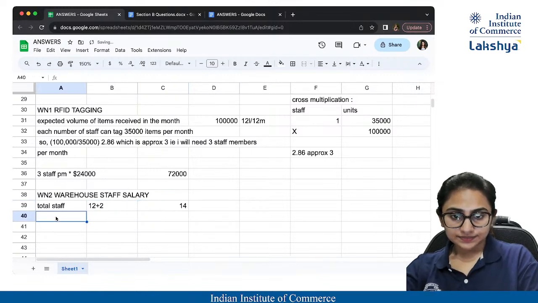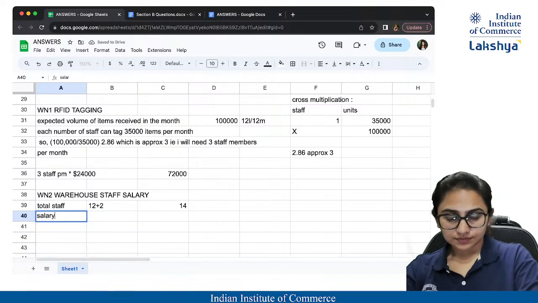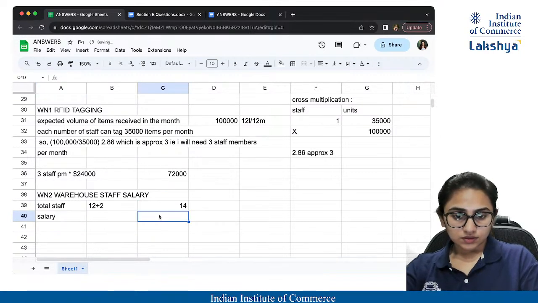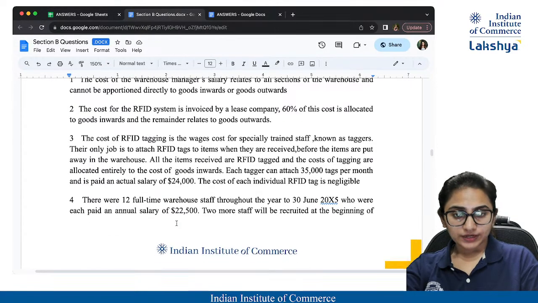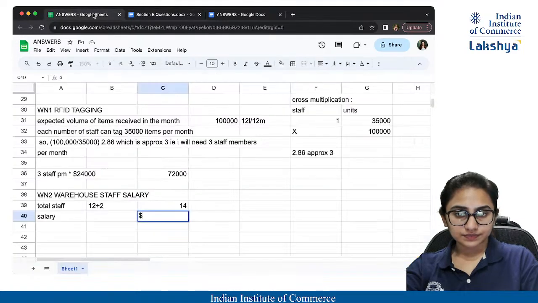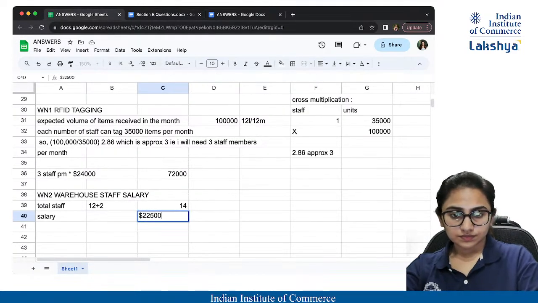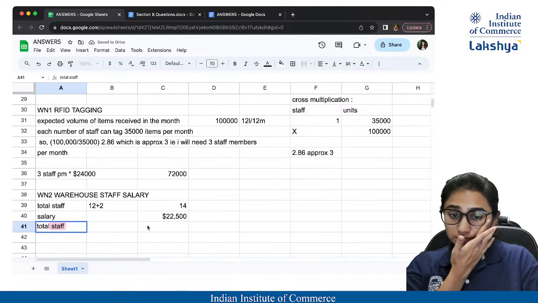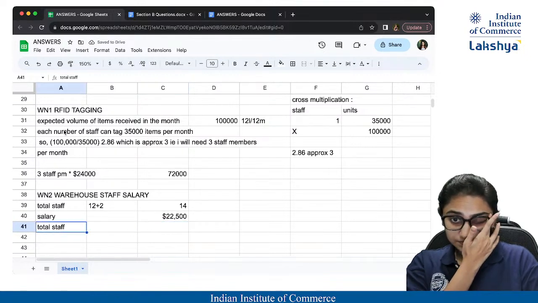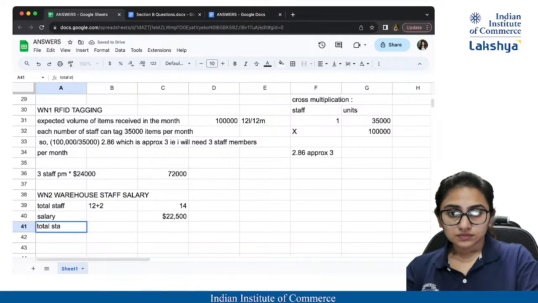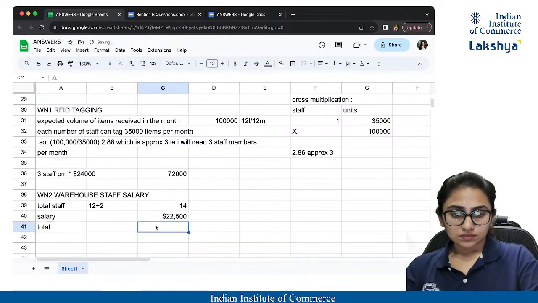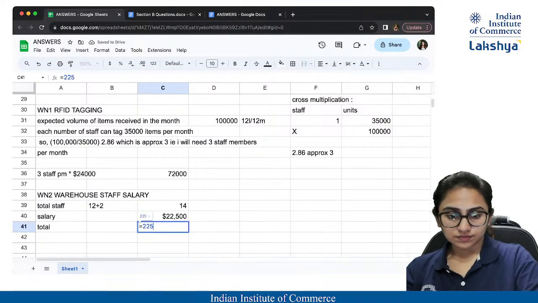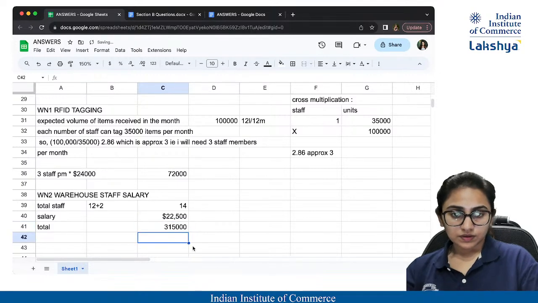And what is the salary per staff? It is $22,500. So total is how much? $3,15,000.